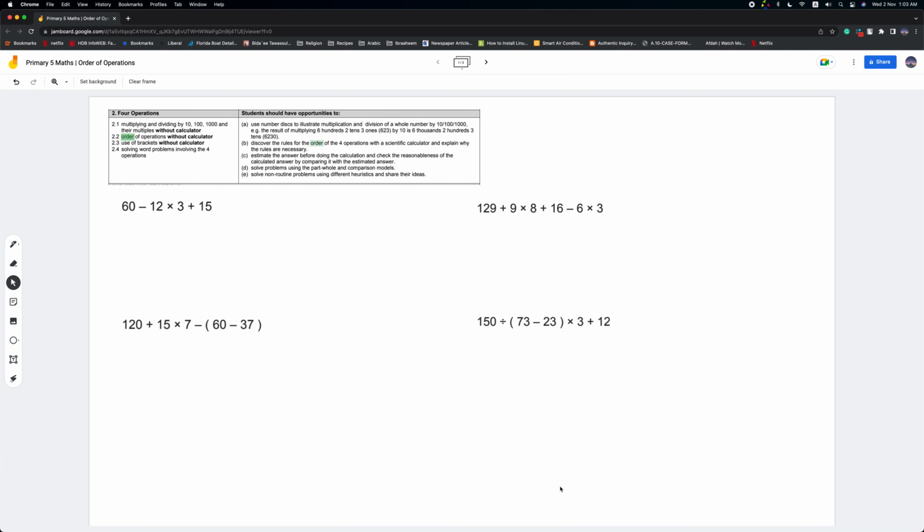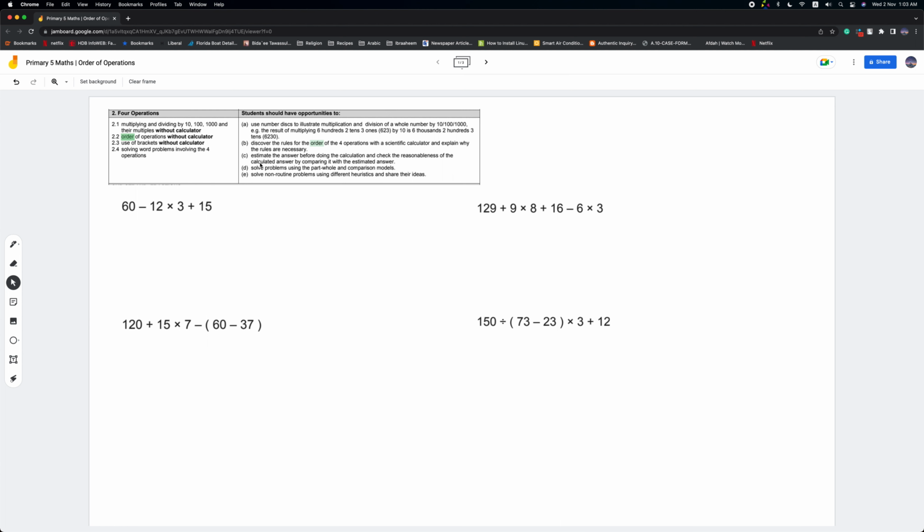In this video, we are going to focus on the four operations, which includes multiplying and dividing by 10, 100 and 1000, and their multiples, meaning 10, 20, 30 or 100, 200, 300 and 1000, 2000 and 3000 and so on, and the order of operations, which I have here set up, and use of brackets without calculator.